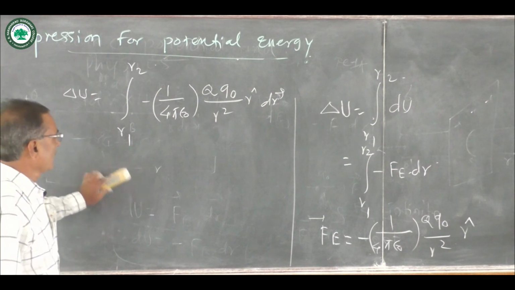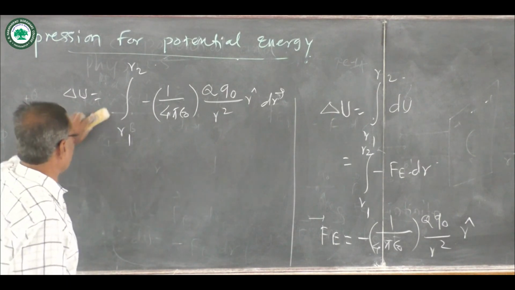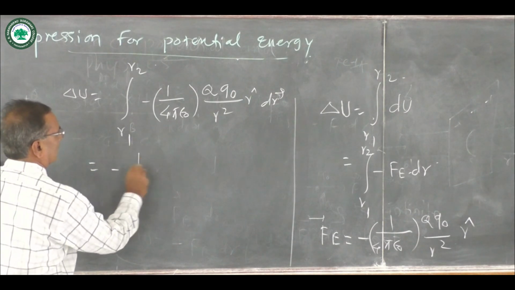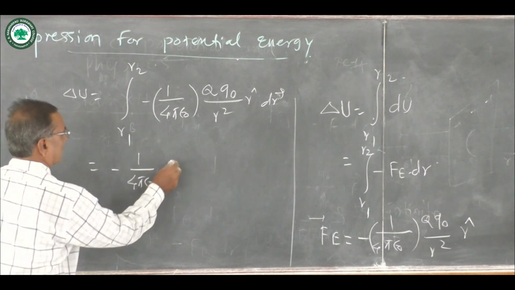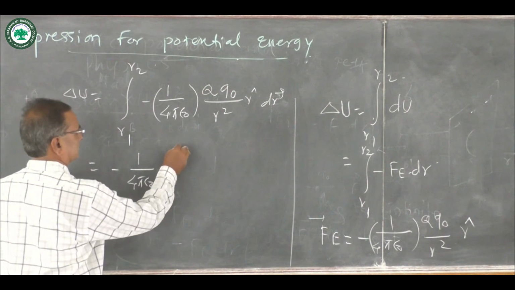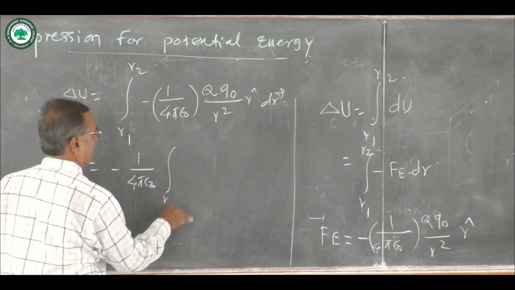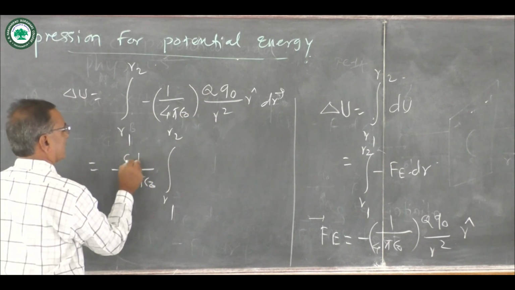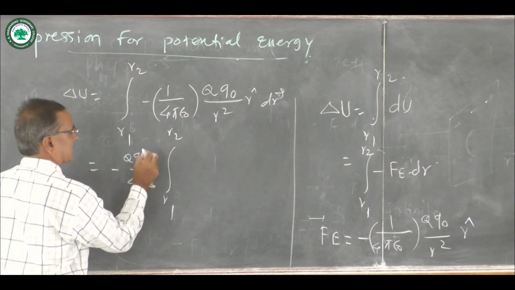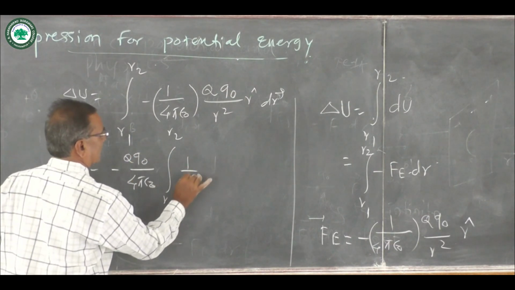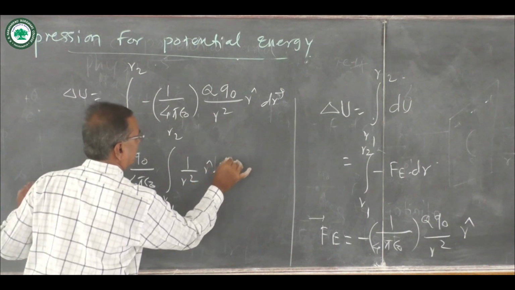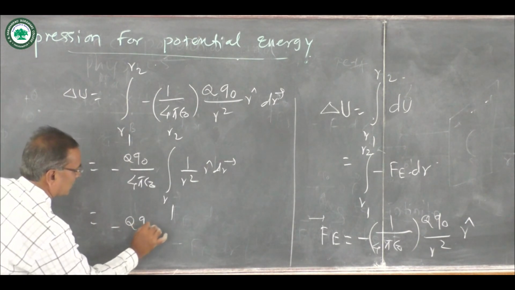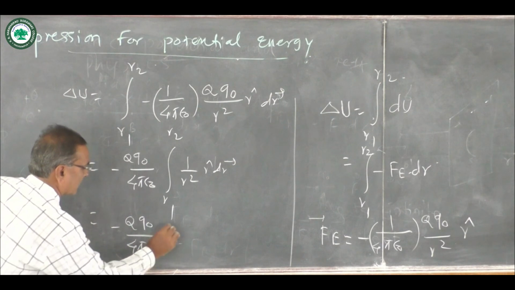So therefore, we can find out the integration of this term. Here constant term out of integration, minus 1 by 4 pi epsilon naught, integration limits r1 r2. Here also charge Q0 is constant, take out of integration. So 1 by r square r cap vector dr, use it, minus Q Q0 upon 4 pi epsilon naught.